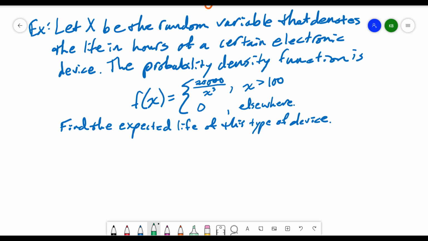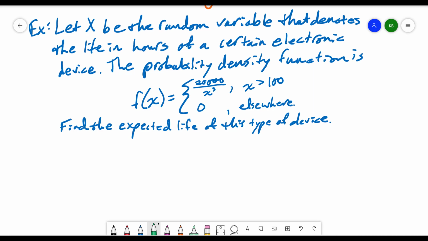Now let's take a look at an example with a continuous random variable. So we're going to have x be the random variable that denotes the life in hours of a certain electronic device. We're given a probability density function, and we're asked to find the expected life. So the expected life is the expected value of our random variable.